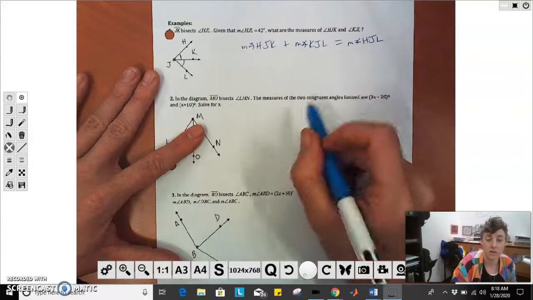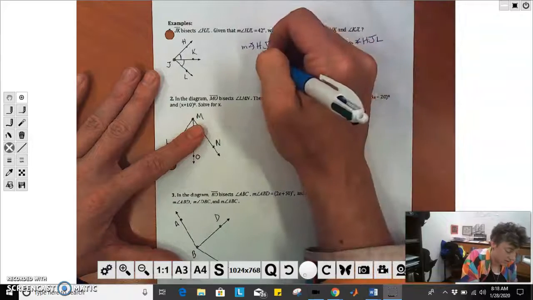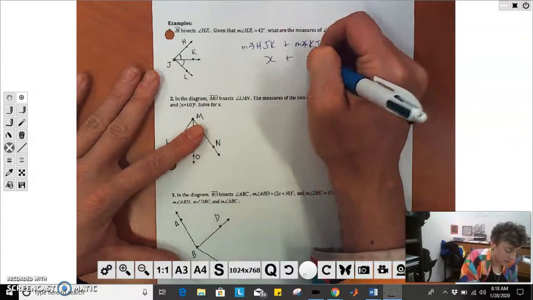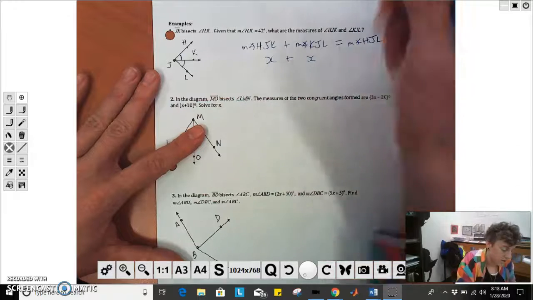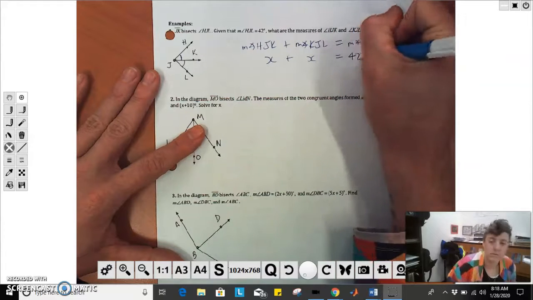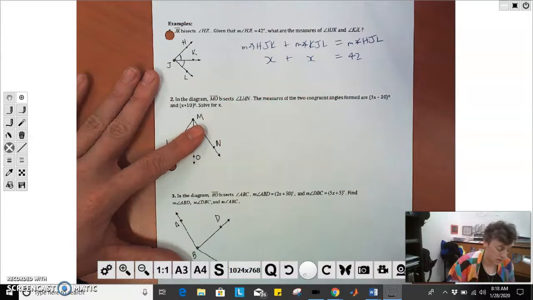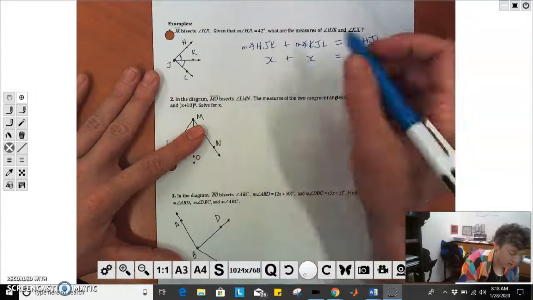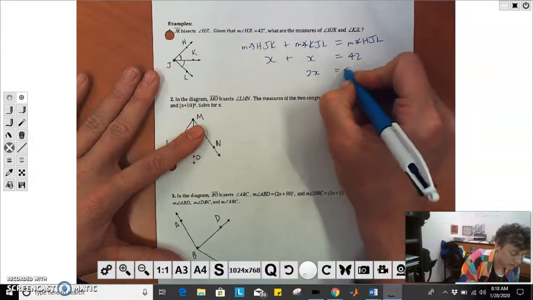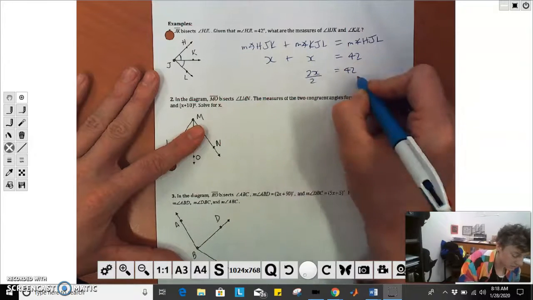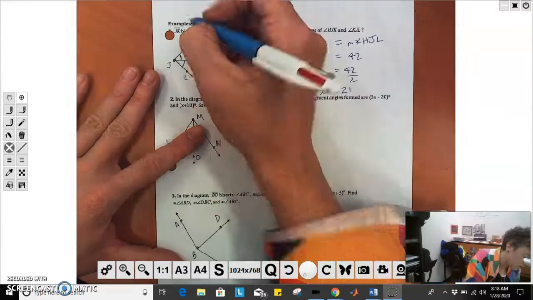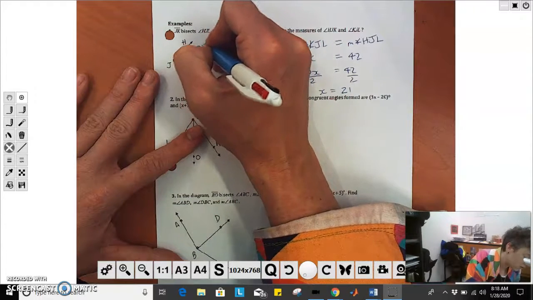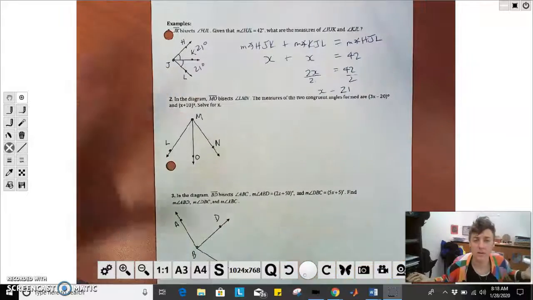I don't know what those are yet, though, so I could call them x. x plus x, they're exactly the same, so they're both the same variable, equals 42. Combine my like terms: 2x equals 42. Divide by 2, so x equals 21. So these guys are each 21 degrees. Very good.